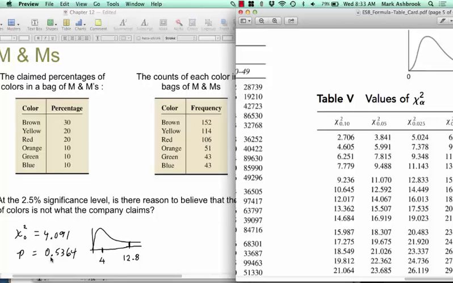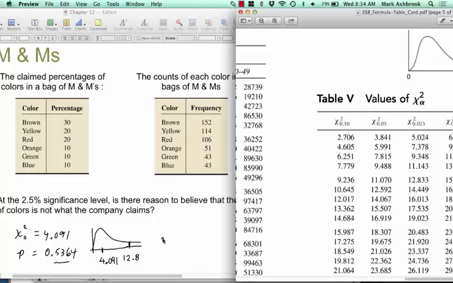Okay, what does this p-value mean? So this p-value corresponds to this number 4.091, and so basically we're saying if we were to reject, there'd be a 53% chance that we were wrong, right? If we were to reject at this particular test statistic, there would be 53% chance that we shouldn't have rejected.